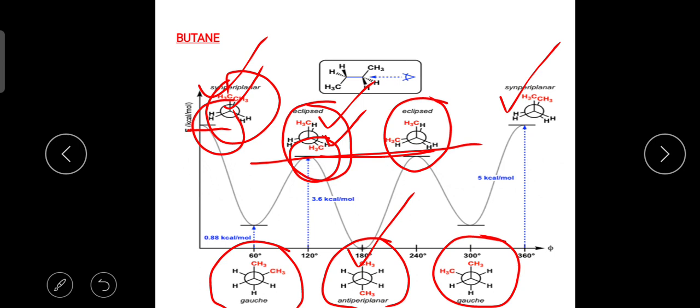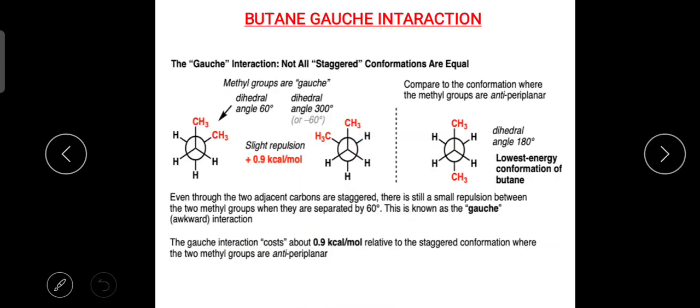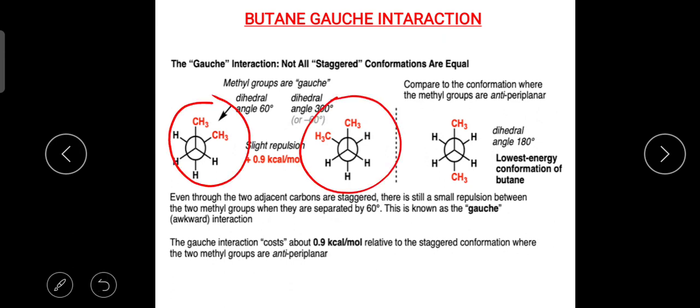So the next one is very important, that is butane gauche interactions. The two gauche conformers, the first one is here and the second one is here, have torsional angles of plus 60 degrees and minus 60 degrees. In this case, the torsional angle is plus 60 degrees, and this one has a torsional angle of minus 60 degrees.